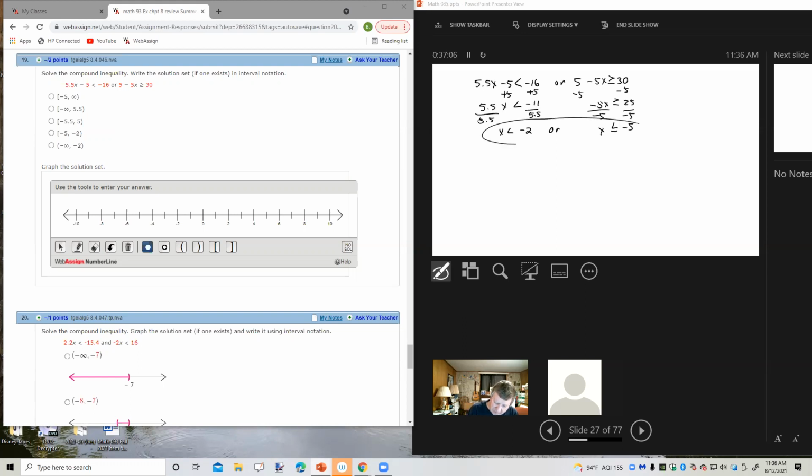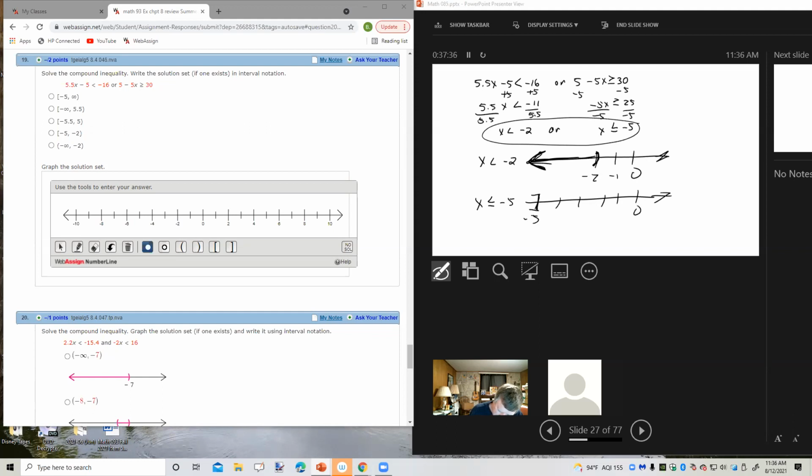So this is what I'm going to consider. Okay. Now, x less than -2, let's see, 0, 1, 2, would look like that, okay? X less than or equal to -5. Let's see.